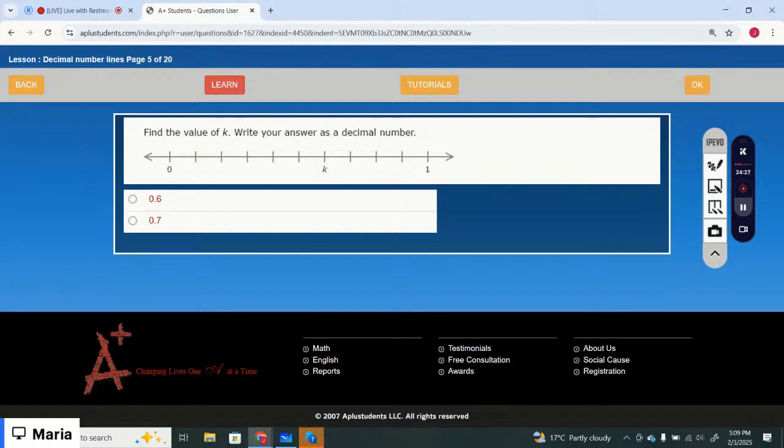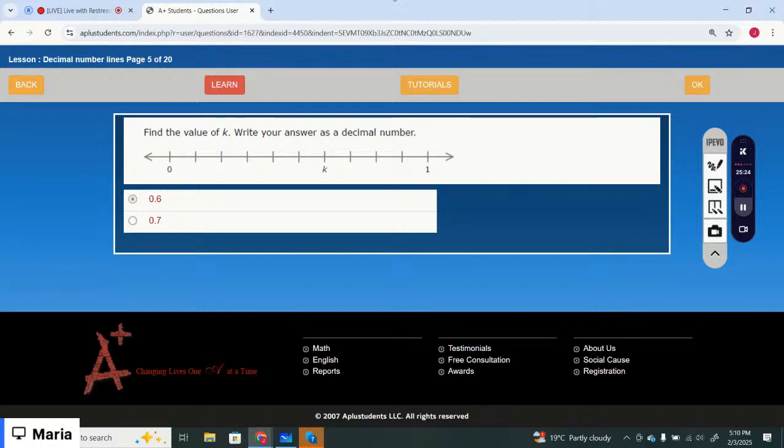Find the value of K. Write your answer as a decimal number. That is 0.6.